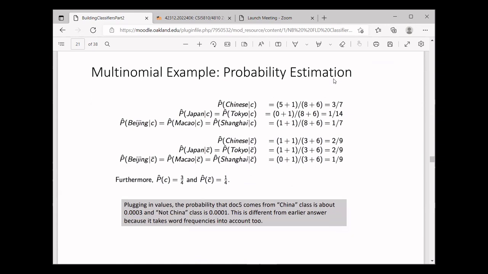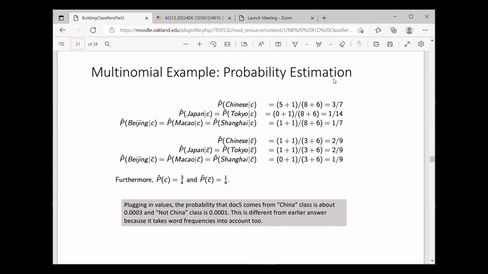Once you plug in these numbers to calculate the posteriori probabilities for the 2 classes, it says that the document comes from about China. So the decision has reversed. You get a different result. The reason is the way you are calculating the probabilities.